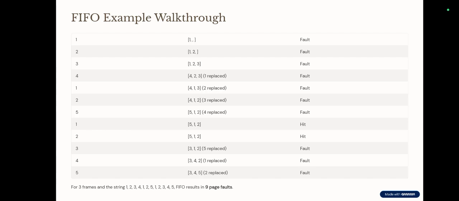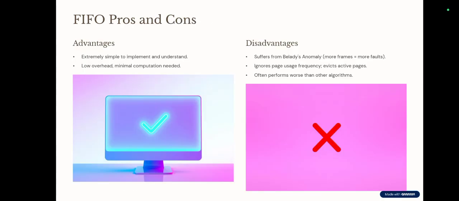And in slide 7 we're going to see the pros and cons of FIFO. The pros, or advantages, are that it is extremely simple to implement and understand, with low overhead and minimal computation needed.